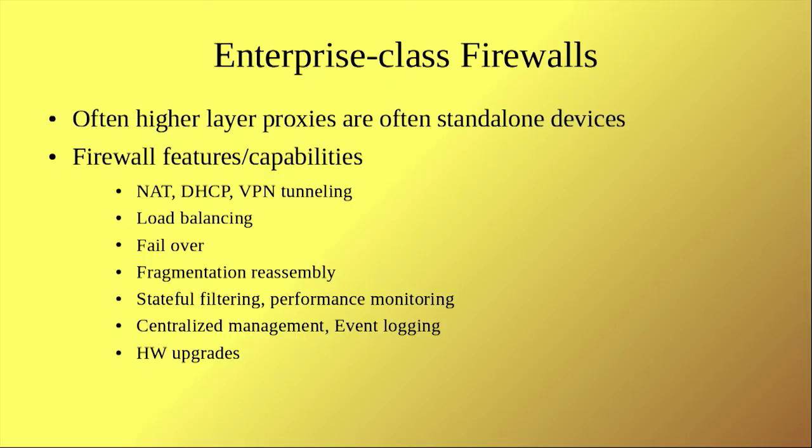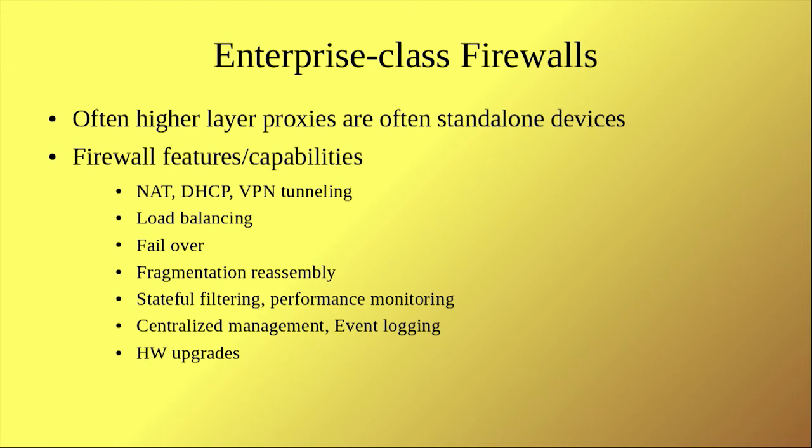Now, the different types of firewalls that one could deploy in the network. The enterprise class firewalls usually are standalone devices, and they can provide a lot of features like VPN tunneling, virtual private network tunneling. They can provide DHCP, NAT facilities, and load balancing, because performance is one of the important criteria with respect to firewalls.